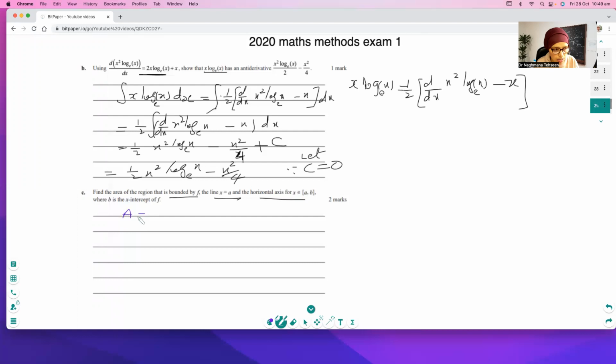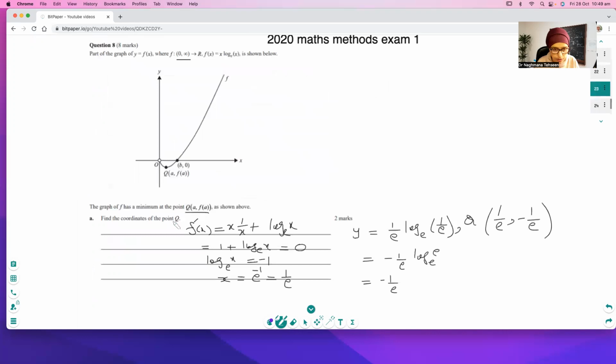So that means area is equal to the integral of x log e x dx. Okay, so we're finding the region bounded by the graph and the line x is equal to a. Let's see, where is the line x is equal to a? So that would be there. If I draw that line, it would look like this, right? So that means we are talking about this region here. So it would be from 0 to this a value, which we already got as 1 over e squared.